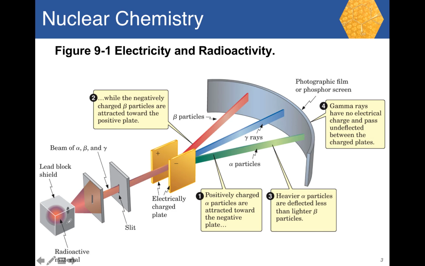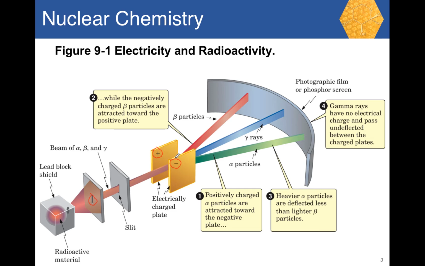Becquerel took uranium salt and put it in a lead box with a little slit in that box, and he also put two electrodes, a positive and a negative.